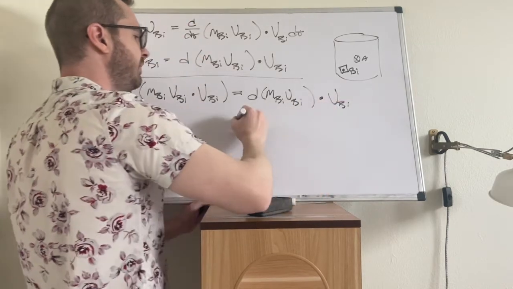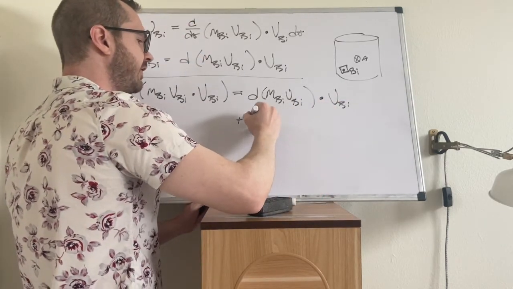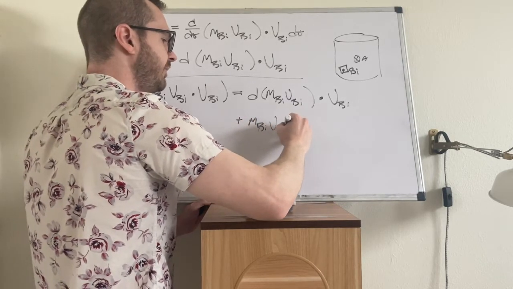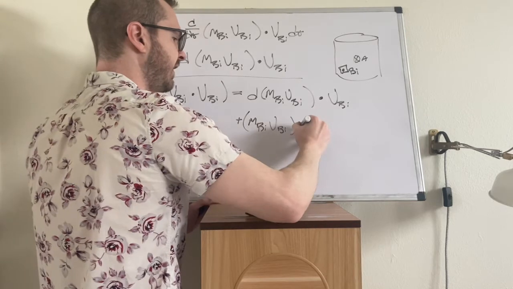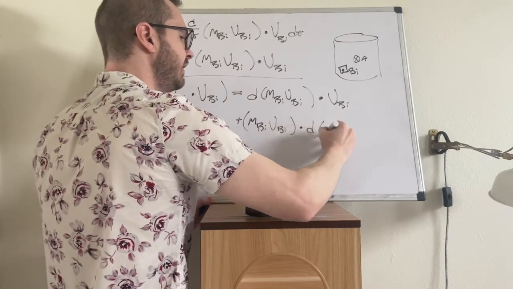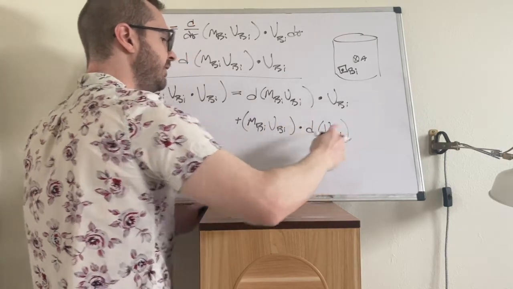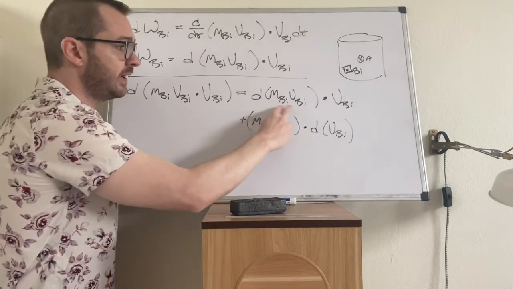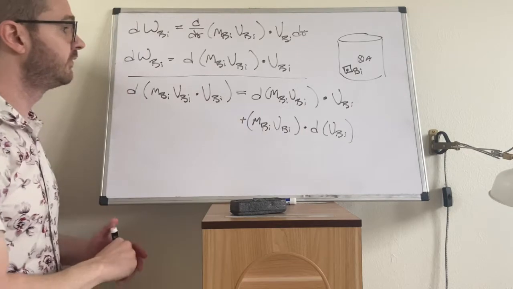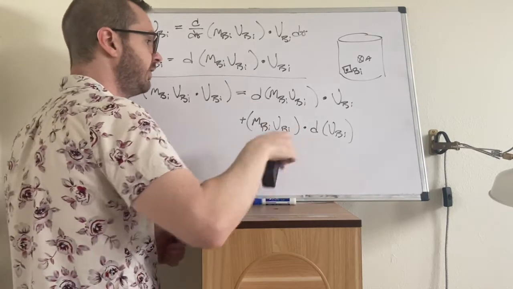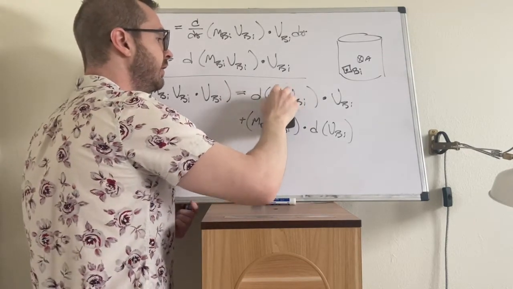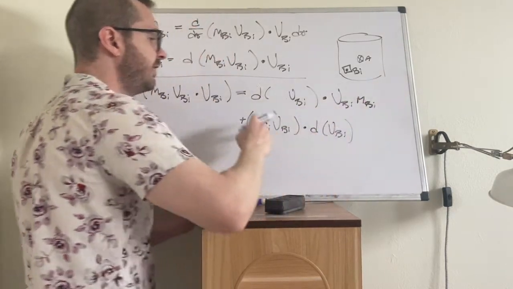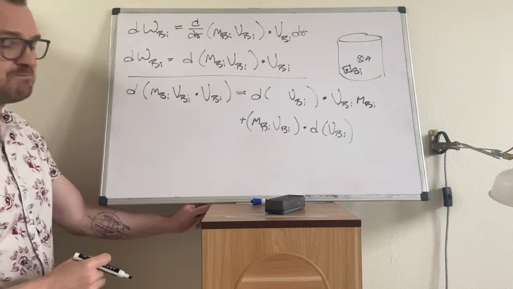Dot VBI plus the first term, MBI VBI dot dVBI. Now again, the MBI can be pulled out. So if I pull the MBI out, and I'm just going to put it over here, consider that these are actually the same thing.